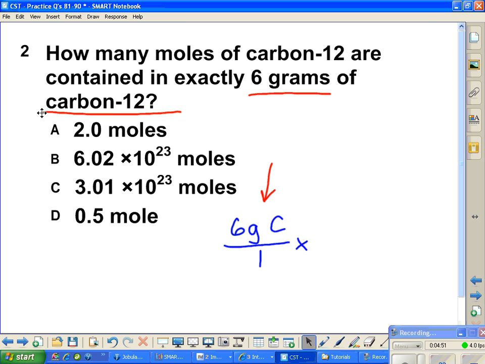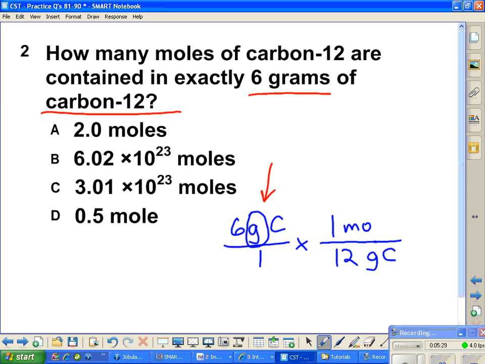We're looking for moles. So moles of carbon 12; the 12 stands for the mass of carbon. So if we're talking about carbon-12, which we are, the grams are going to be 12. Now, what do I want on the bottom of my next fraction? I want to be able to cross out this grams of carbon, so grams of carbon is what's going to come down here, and the molar mass is 12. So 12 grams of carbon is 1 mole.